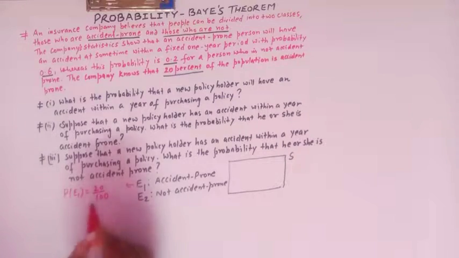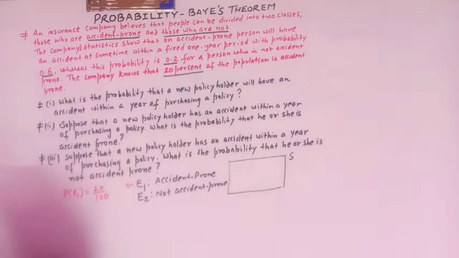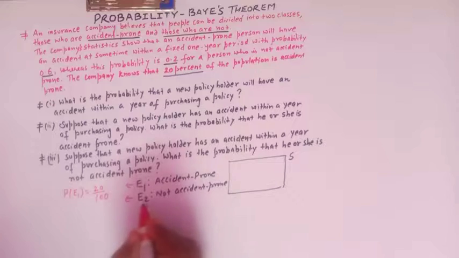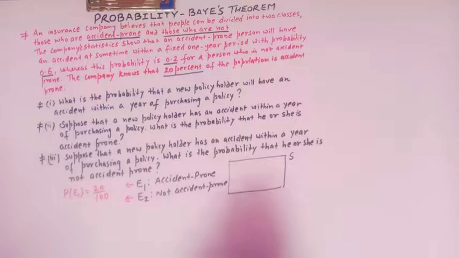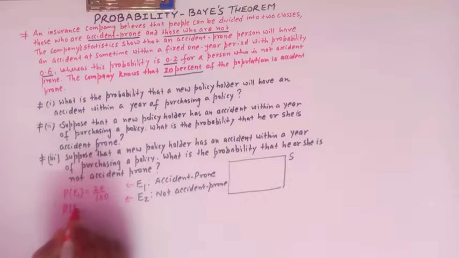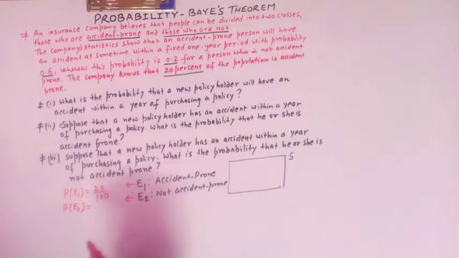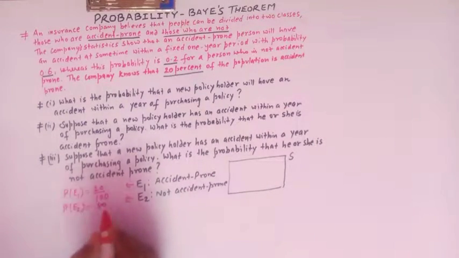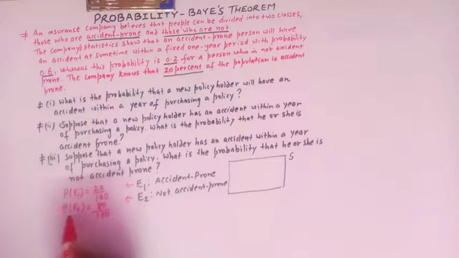So 20 over 100 is the probability of getting a person in the company who is accident prone. And E2 is the event representing the people who are not accident prone. So obviously 80%, so the probability of the event E2 is 80 over 100.